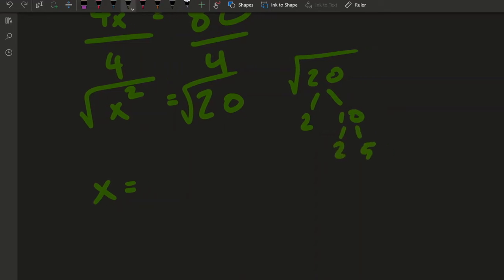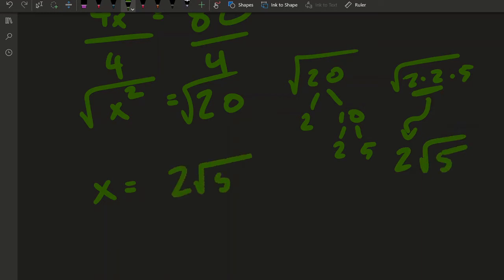So the square root of 20 is 2 times 2 times 5. And there's my perfect square right there, 2 times 2. So 2 times 2 is a 2 on the outside with a 5 on the inside. So x equals 2 times the square root of 5, but it's positive or negative, so I'm just going to slap a plus or minus in front of it right there.